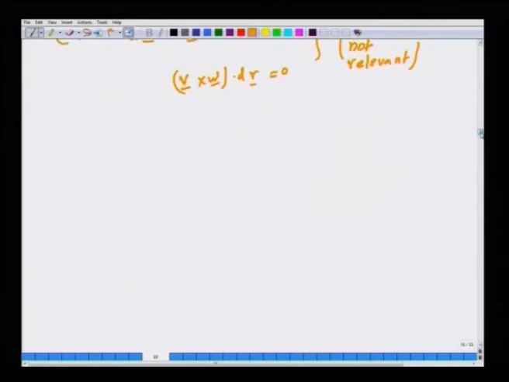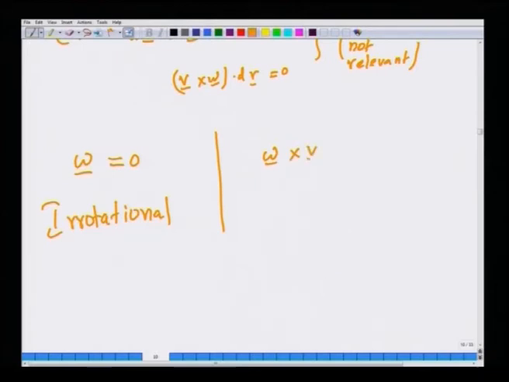Okay. So, what we are interested in are two cases, that is omega itself is 0, that is irrotational flows, which is much stronger. And then another case where omega cross V dot dr is 0, not because omega is 0, but because V is parallel to dr, that is a streamline. Okay.